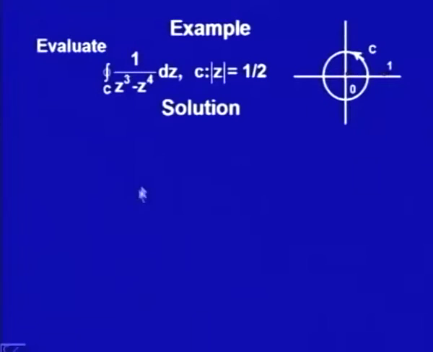Now let us see this function 1 upon z cube into 1 minus z. We find that z equal to 1 and z equal to 0 are both singular points, and both are isolated singularities.